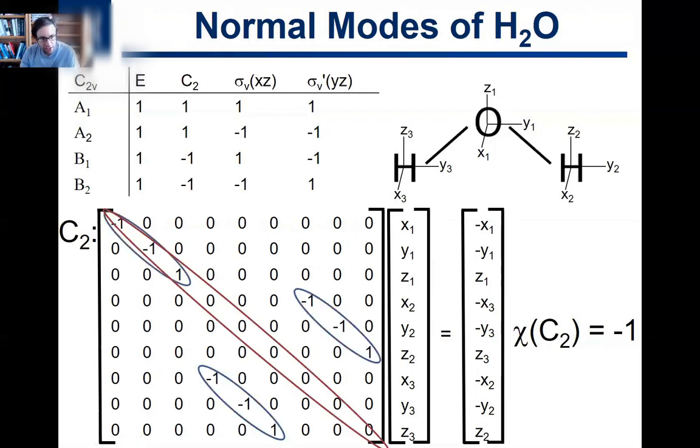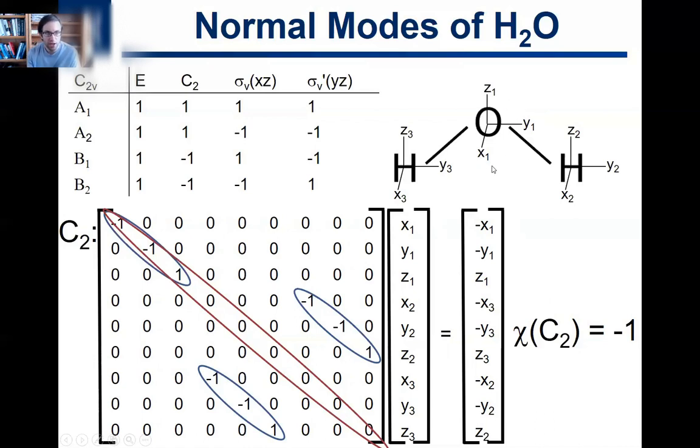Something that you'll notice is that, okay, what values actually contribute to the character, right? The character, that -1 number at the end right here, that's what we care about, right? That's all we need to solve this problem. And so that means we only really care about the characters on the main diagonal. What you can see is that this -1, -1, and 1, that came from all the Cartesian points, x, y, z, came from x1, y1, and z1 on oxygen.